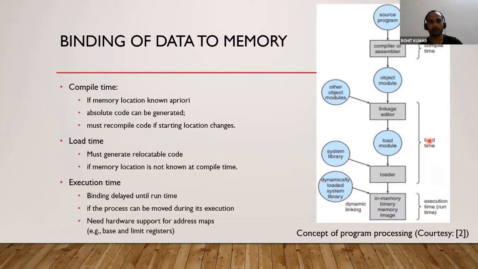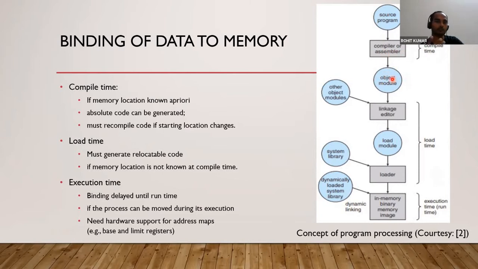Okay. So if you have a source program, then your source program will go through a compiler or assembler, and the time taken to compile it is the compile time. Then you will have the object module.